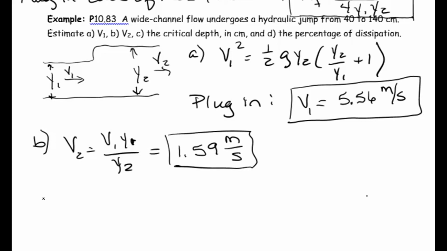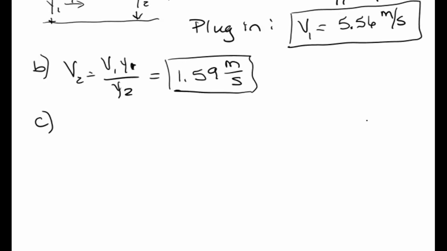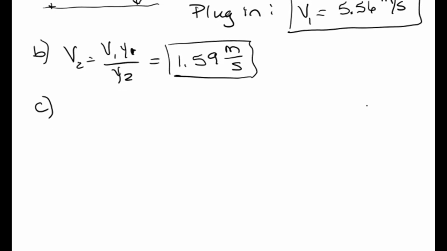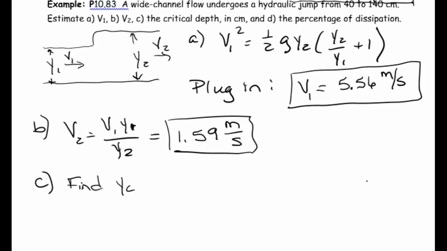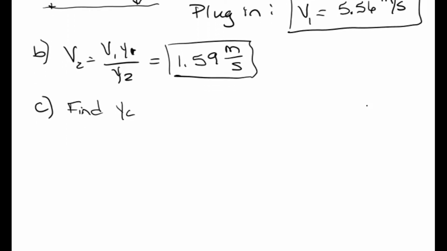All right, this is where it gets a little bit more confusing, where you've got to know what you're doing a little bit more. The next thing we want to find is the critical depth, YC. Critical depth, which is called YC.